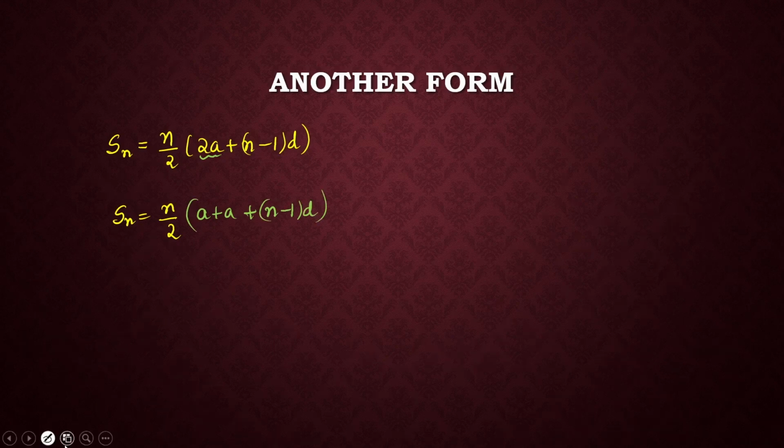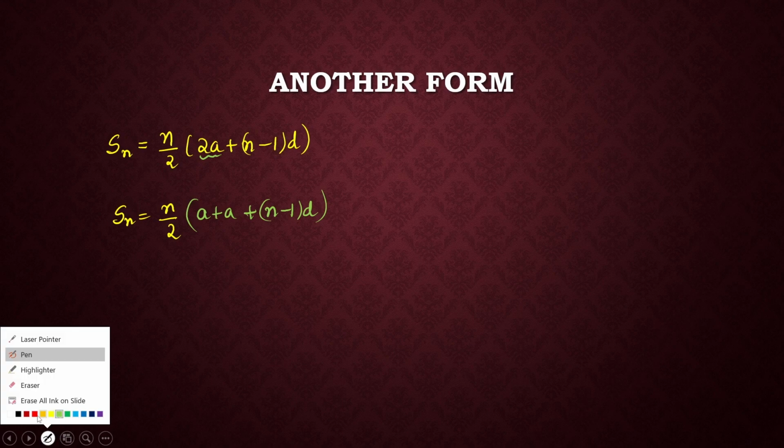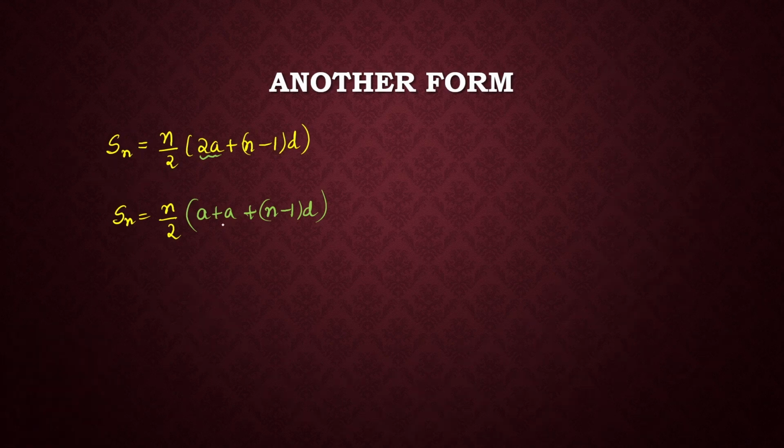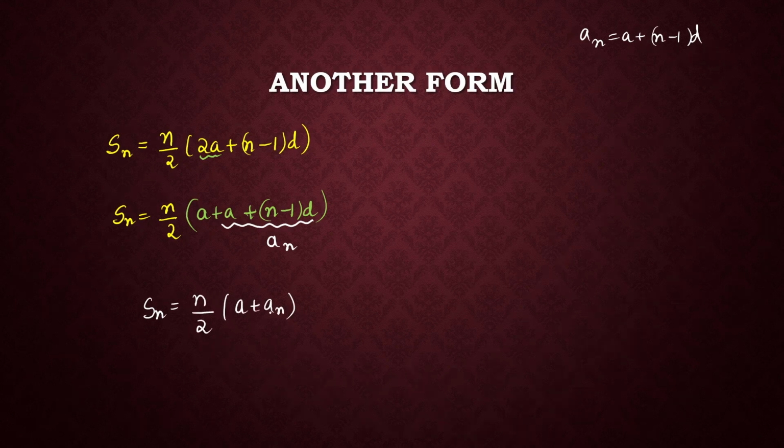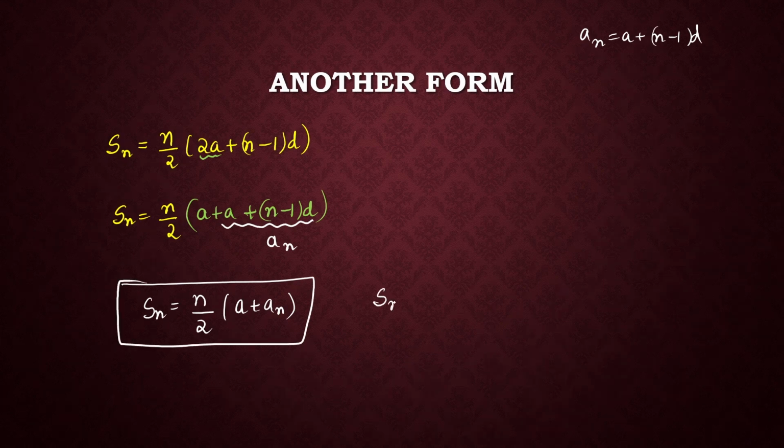Now if you observe here, this thing is nothing but your an, because we have already seen an is a plus n minus 1 into d. So this becomes Sn is equal to n by 2 into a plus an. This is one more formula. So you have two formulas for finding the sum of n terms.